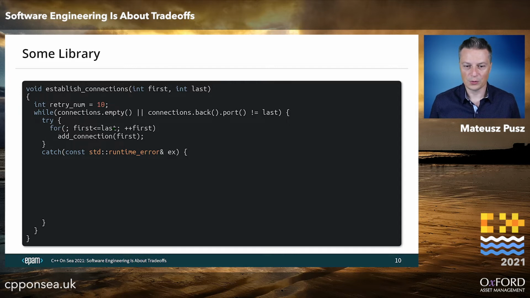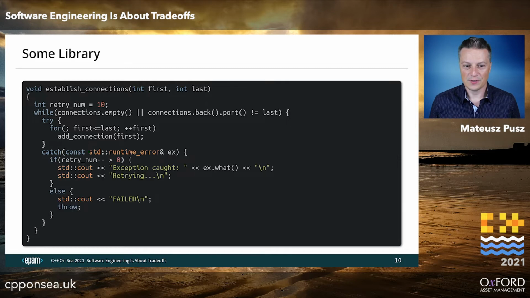So we are going to the next connection to establish and call add connection. If something fails, we catch the exception. We decrement the retry counter, log the issue in our log, and retry. When the retry count is exceeded, we just log that we failed to establish connections, and we rethrow the exception to the upper scope.